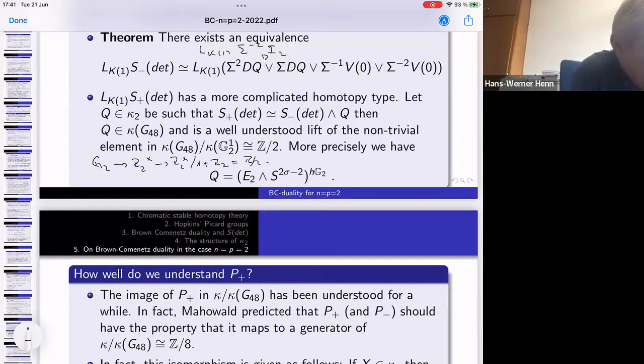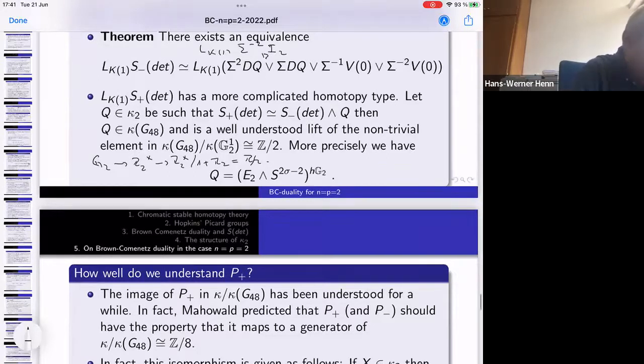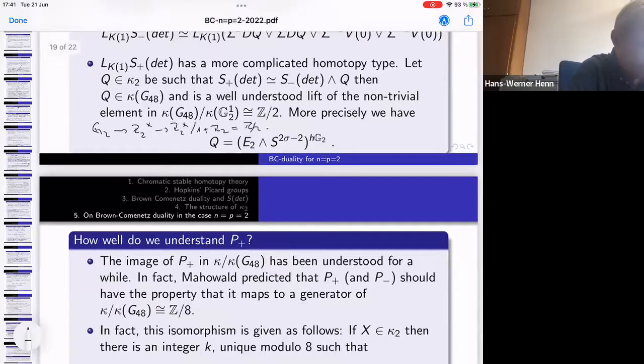In fact, Morava predicted maybe more than 10 years ago that P plus and P minus, well, S det was not really around at the time, but he predicted that this correction term, think of P plus, P minus, as a correction term for the Brown-Comenetz formula, should have the property that it maps to a generator of kappa modulo kappa G48, which is isomorphic to C mod 8. And there's an explicit isomorphism, which is given as follows.